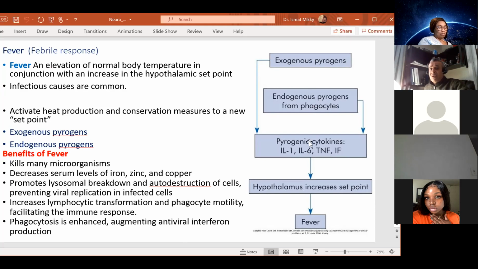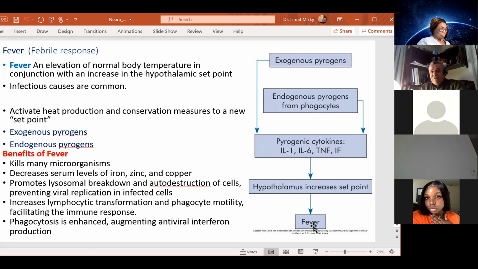These activate cytokines like interleukin 1, interleukin 6, and tumor necrosis factor, and eventually they reset the set point for the hypothalamus, and that results in a fever. So the resetting of the hypothalamic thermostat to a higher level in response to endogenous and exogenous pyrogens, that's fever.